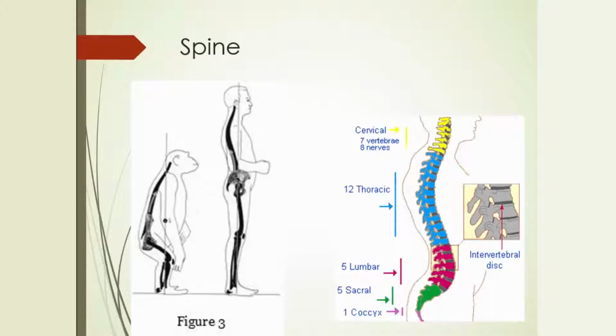Another thing that we see change between a quadruped and a biped species is the shape of the spine. Quadruped species portray more of a straight or flat curve to their spine. Humans and bipeds portray an S-shaped curve, literally like the letter S. This S curve is what helps humans to stabilize our upper body over our hips as we locomote on two legs.